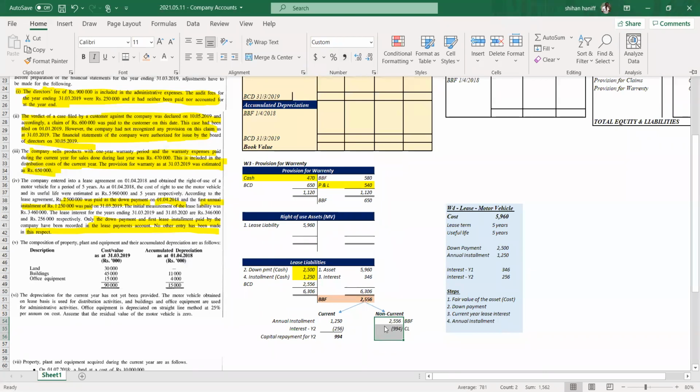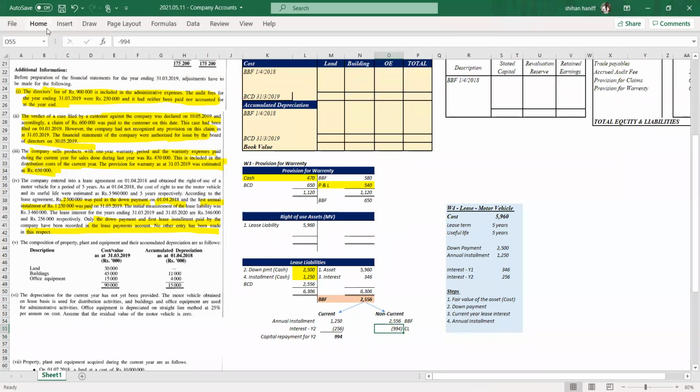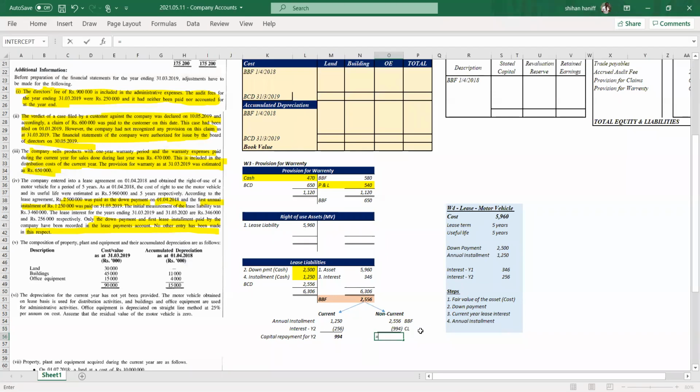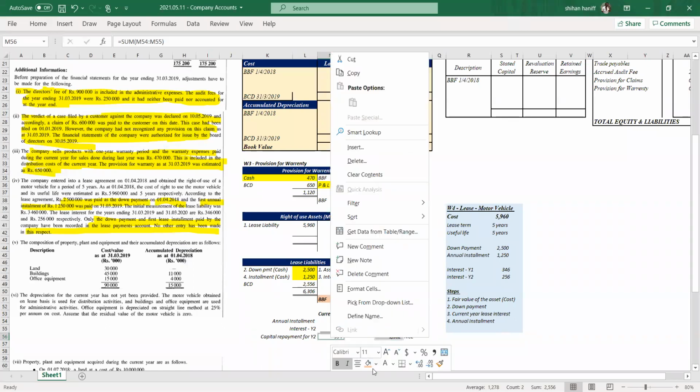First you find current liability, then the remaining balance you take as non-current liability. So this is current and non-current.